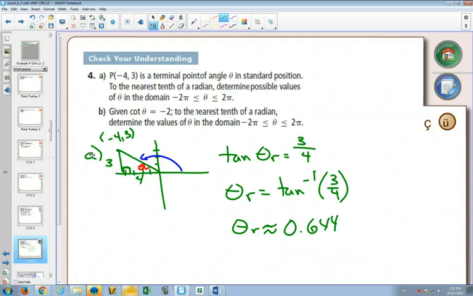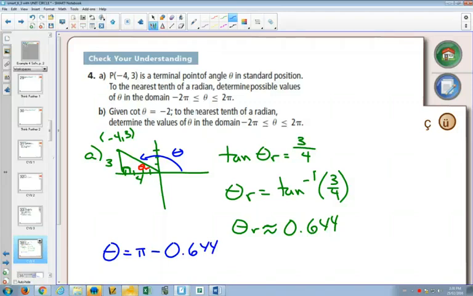Now, if I wanted to find this angle theta here, how would I do that? Pi minus 0.644. Does that make sense in radians? Because how would you have done it if you had degrees?